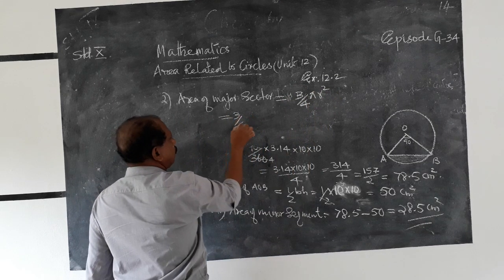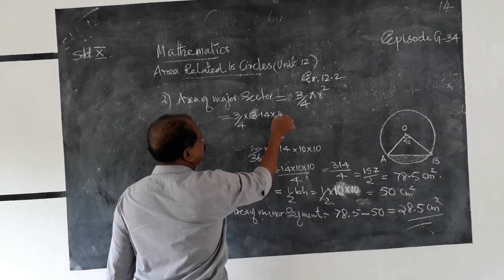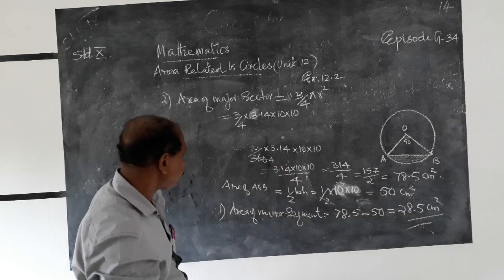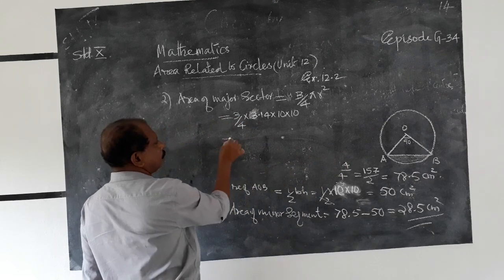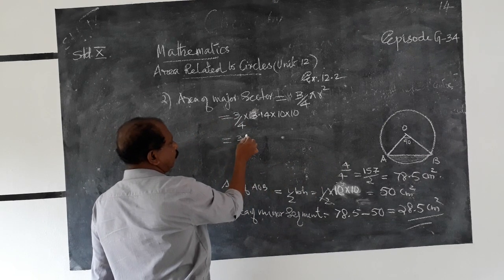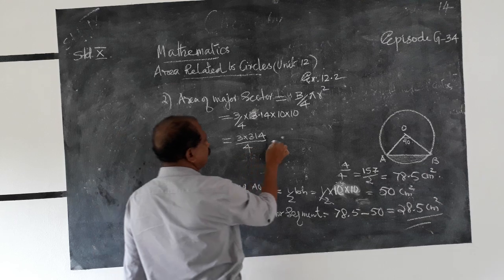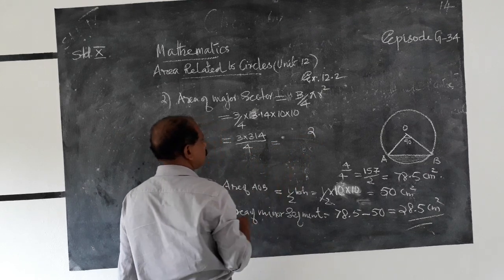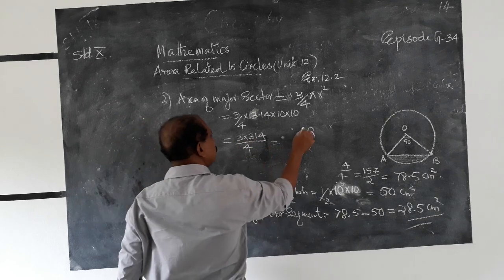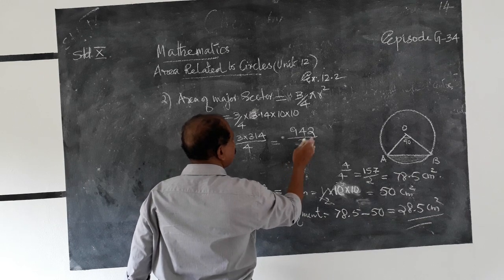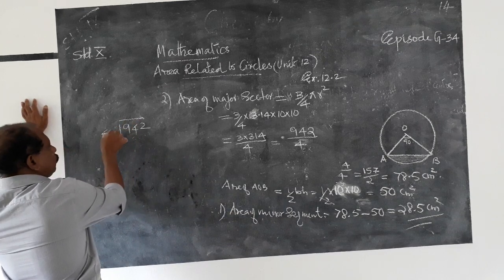Is equal to 3 by 4 into 3.14 into 10 into 10. Is equal to 3 into 314 by 4, is equal to 942 divided by 4.